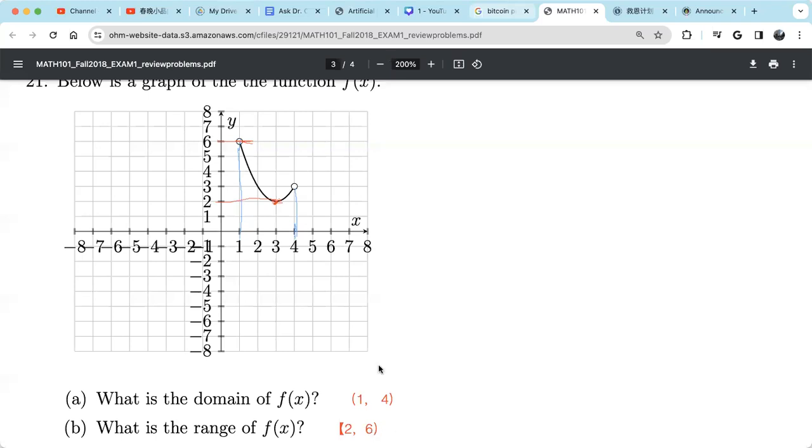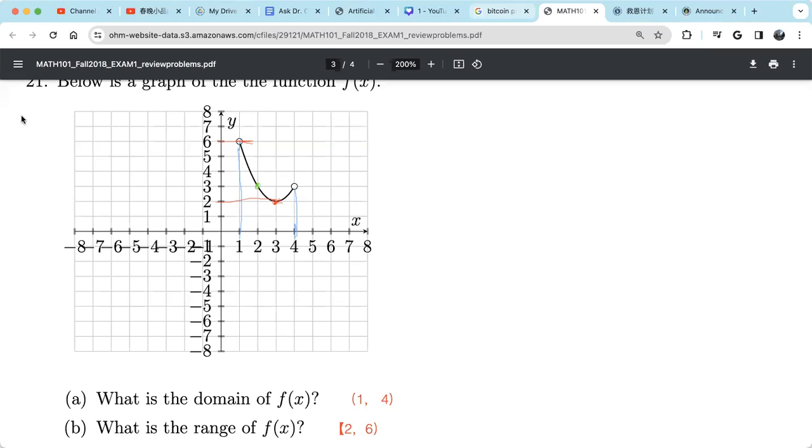The next question is to find f of 2. That means the x value is 2. Let me use green color. So find x value 2, it is here. Go to the graph. The corresponding value is 3.